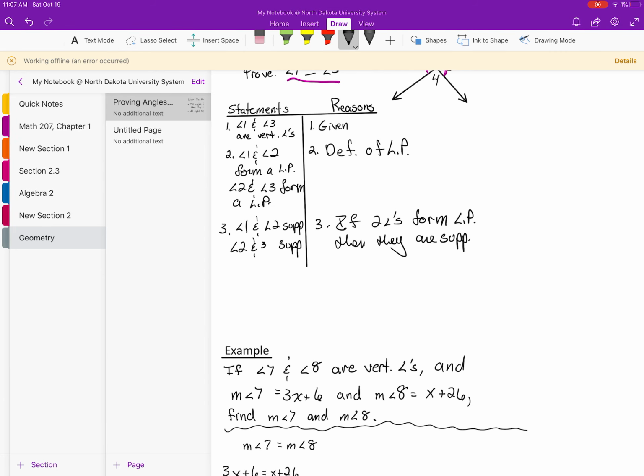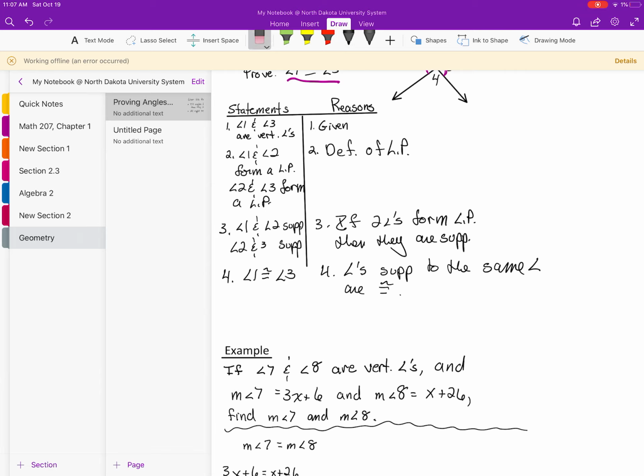So we can jump to the last step here and say angle 1 is congruent to angle 3 because angles supplementary to the same angle are congruent.